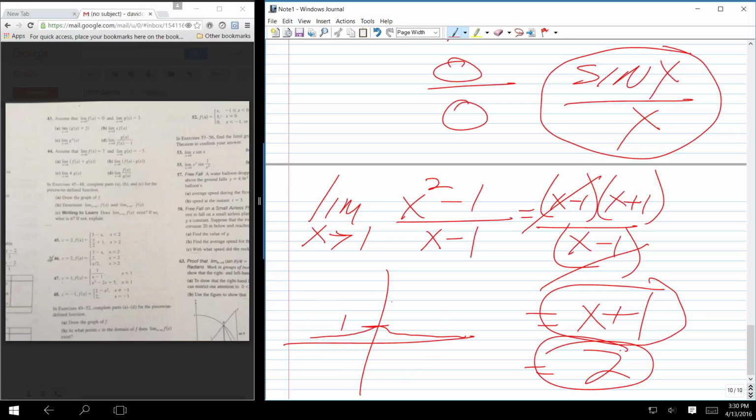And you can certainly see it graphically when I draw it like that, although that's not proof. There is a rather complicated proof to prove that sine x over x is actually equal to 1 as x goes to 0. But this graphic illustration suggests that it is. It's not a mathematical proof of it.